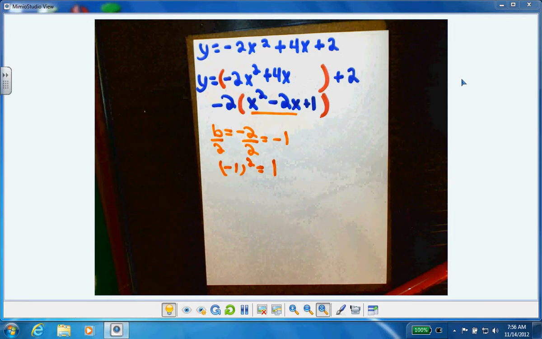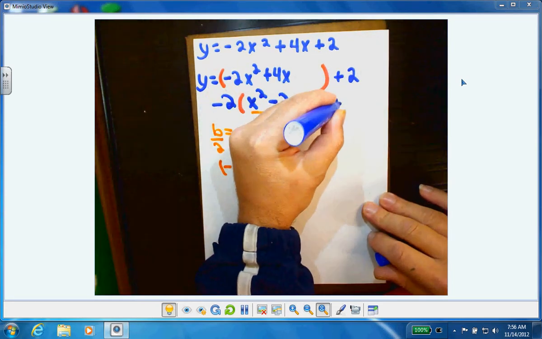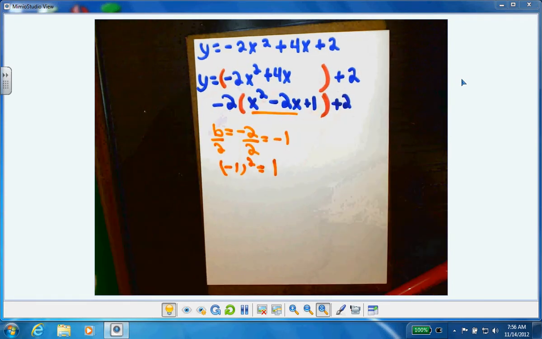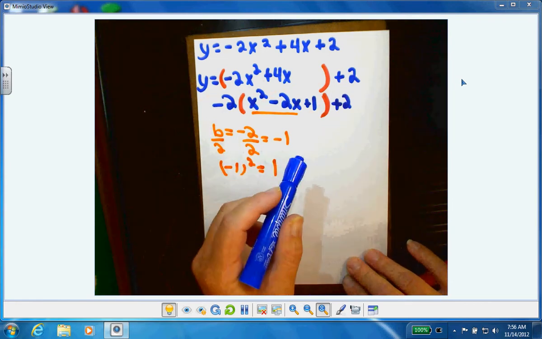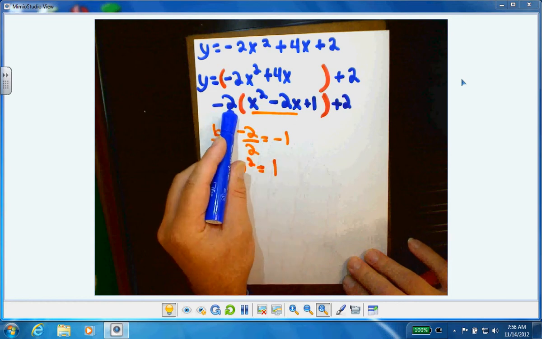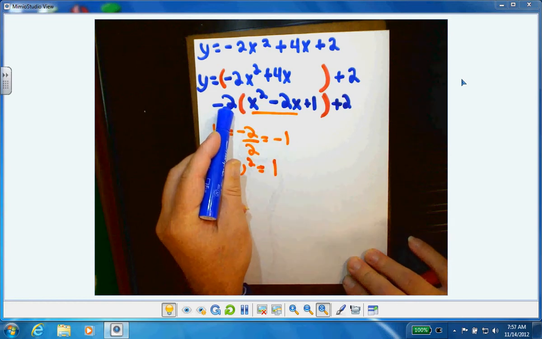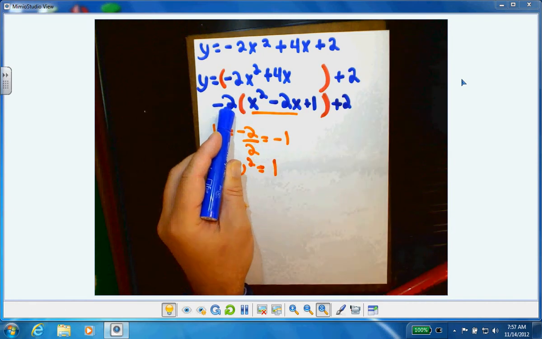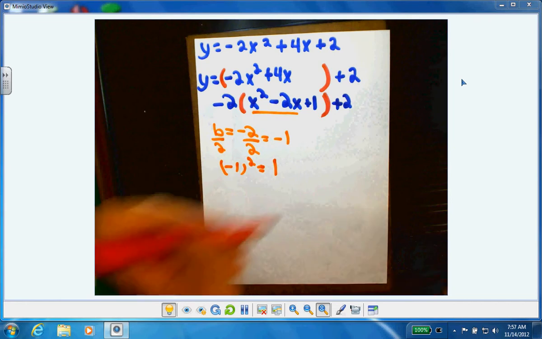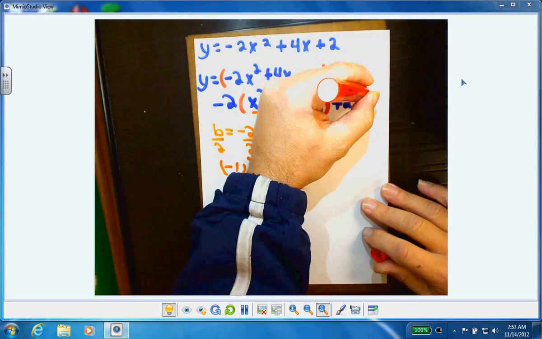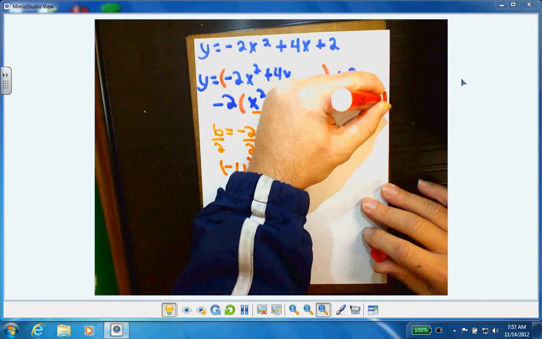But there are some things that I now have to do on the outside. I have to take this 1 and multiply it by -2 and then do the opposite. So 1 times -2 is -2, but I have to do the opposite, so I'm going to say opposite -2.